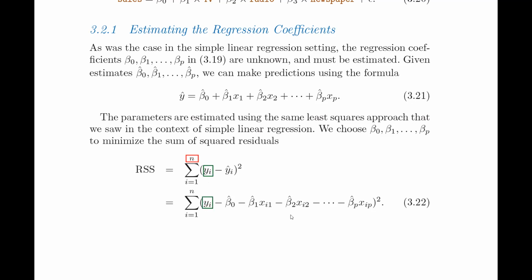You estimate y hat using this. And if you add the green and the blue and square so that it's not negative and add everything, that is your residual sum of squares. The residual is just the difference between your actual and your predicted, your actual and your expected.